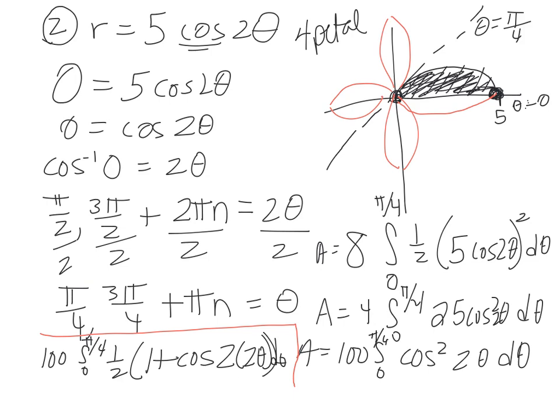And now that 1/2 can come out in front, and I'll have 50 times the integral from 0 to pi over 4 of 1 plus cosine 4 theta d theta.